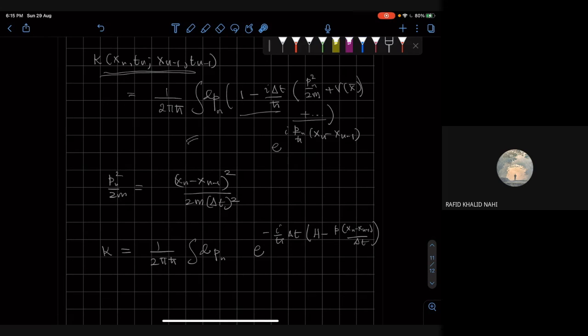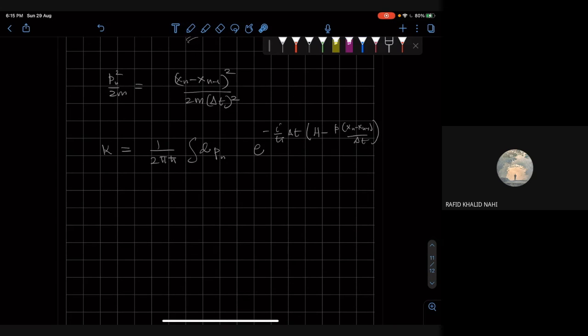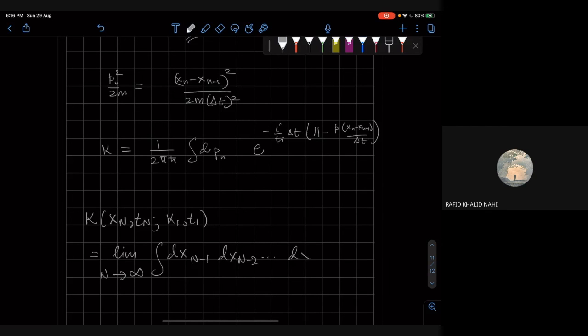Okay, so now if I take the n equals infinity limit, then I get the total propagator, which is K(x_n, t_n; x_1, t_1). The limit n goes to infinity, and then we have the integrals over the positions dx_{n-1}, dx_{n-2}, dot dot dot, dx_2.